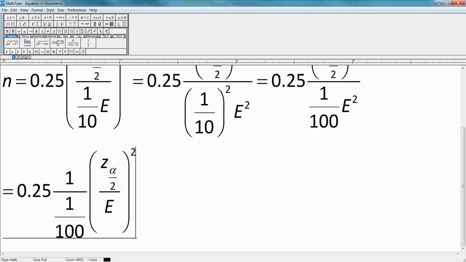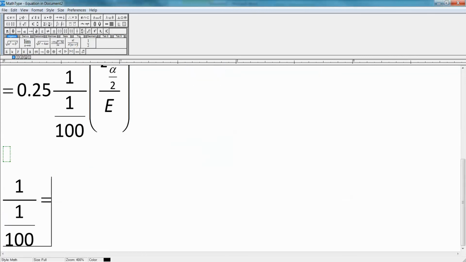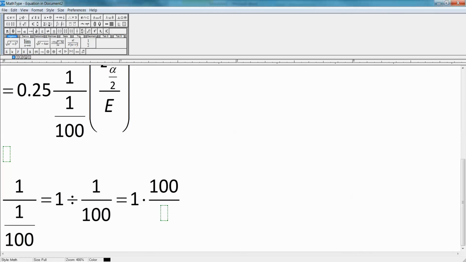But now you've got to remember something from math class a long time ago. When you have this part, 1 over 100, that's the same thing as 1 divided by 1 over 100, which is the same thing as 1 times 100 over 1, which is 100. And that's why you're seeing it flip the way that it does.